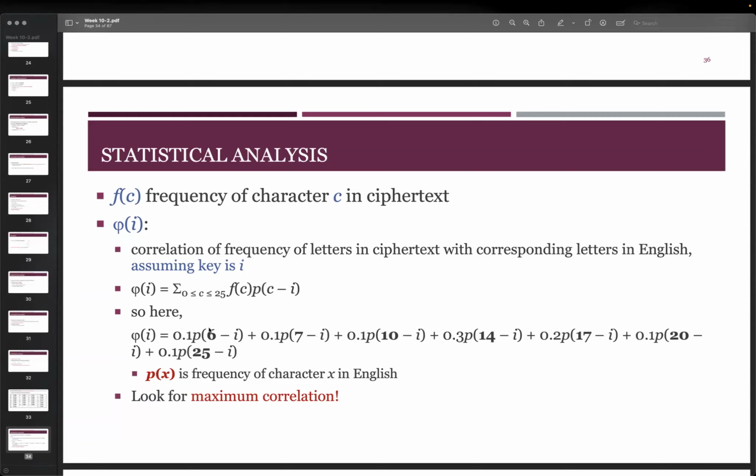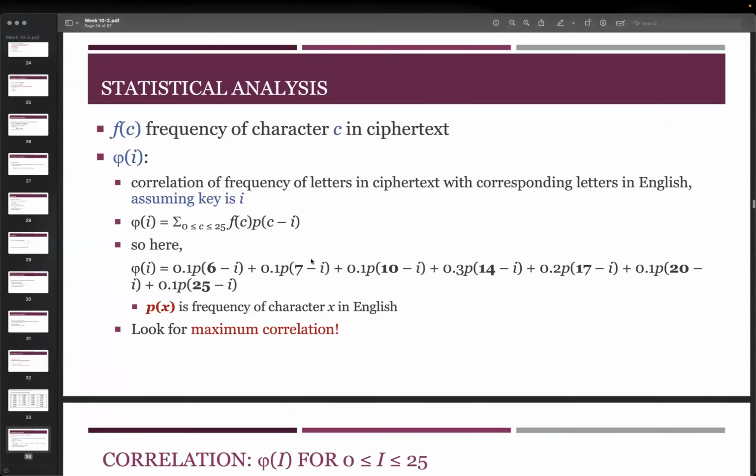So right here, let's say if I need to find the first letter, 0.1, 0.1, and then subtract by i.